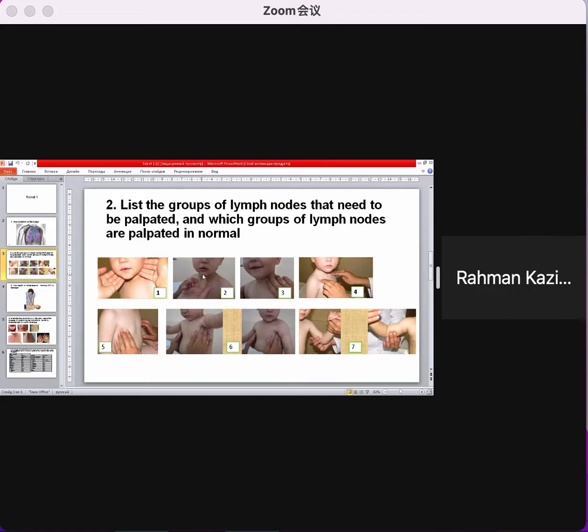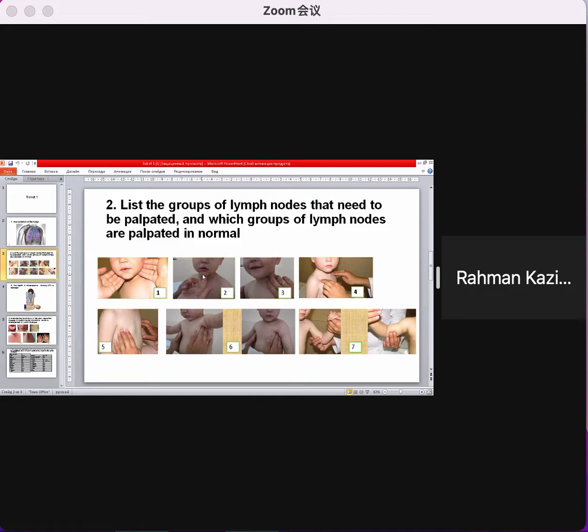Axillary, thoracic, maybe cubital. Look, let's see the first photo. The first photo shows us the palpation of the submandibular lymph nodes, yes? So what do you think about it?